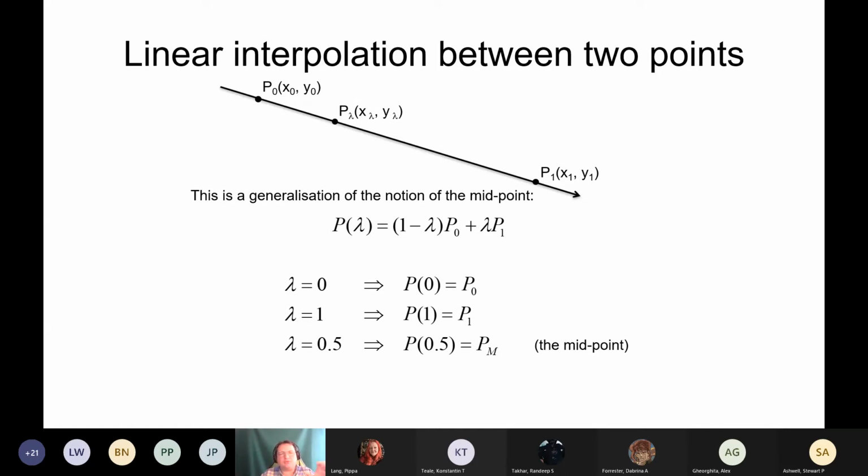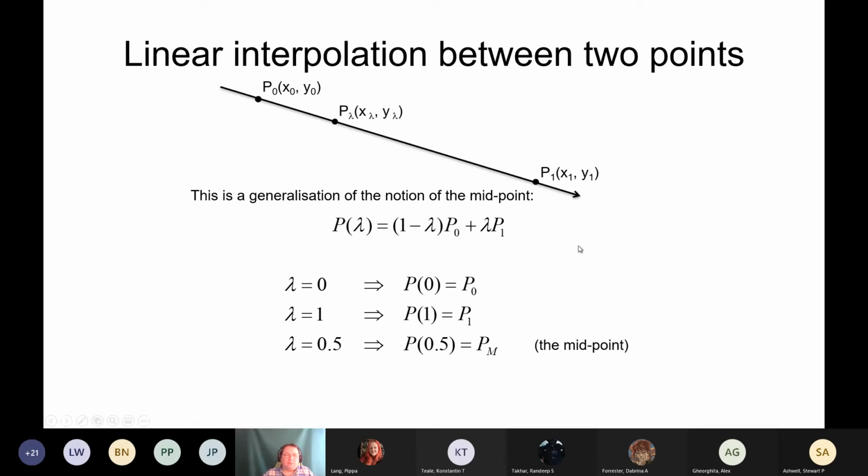To have a 20-80 proportion between the points, you would look for P with lambda equal to 0.2, okay? And this formula perhaps doesn't look very intuitive, but the formula for a point in between P0 and P1 is like this. You take 1 minus lambda times P0, and add lambda P1.